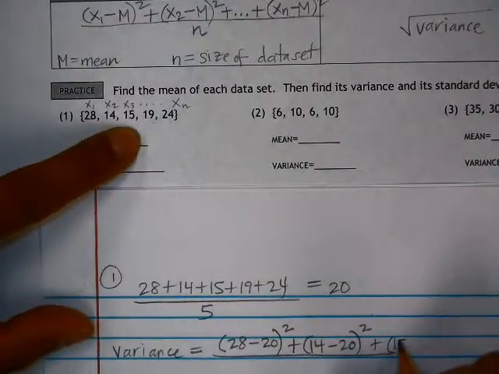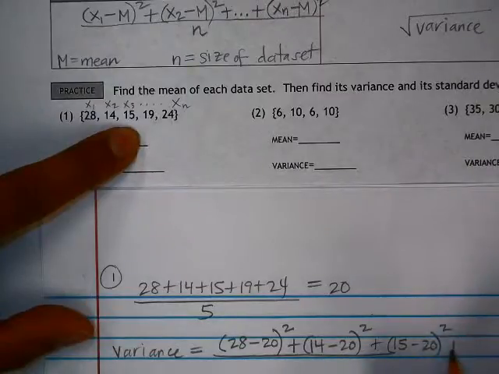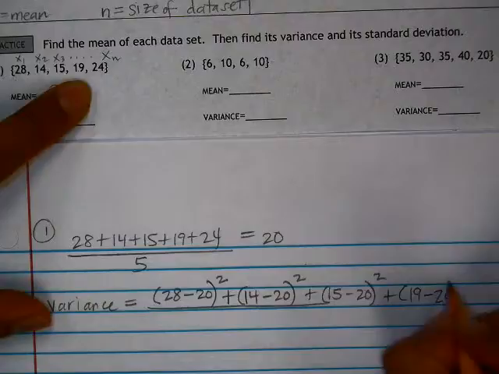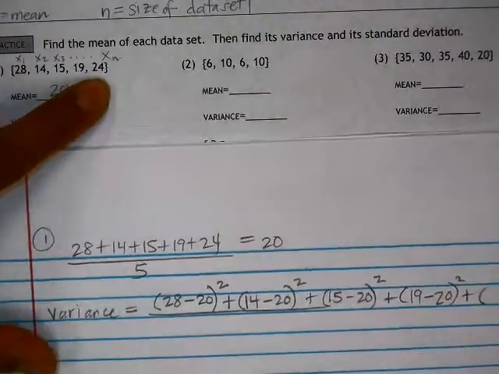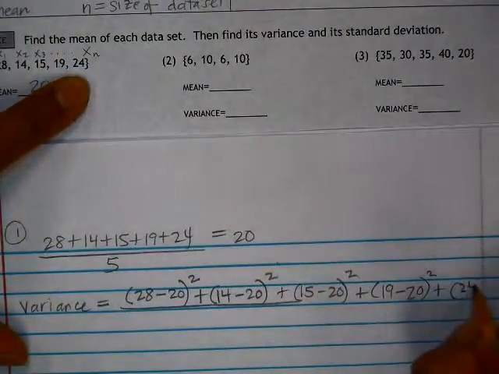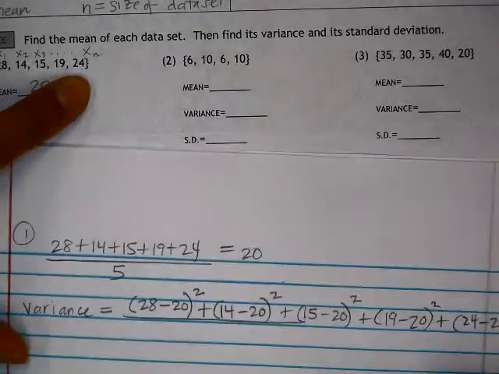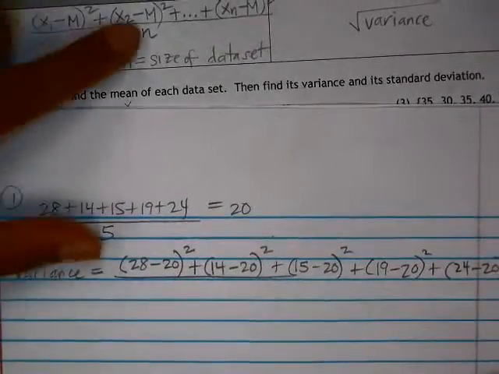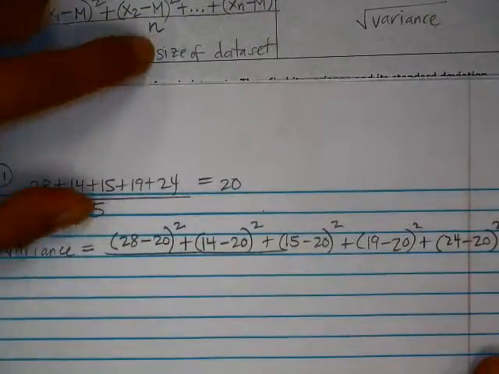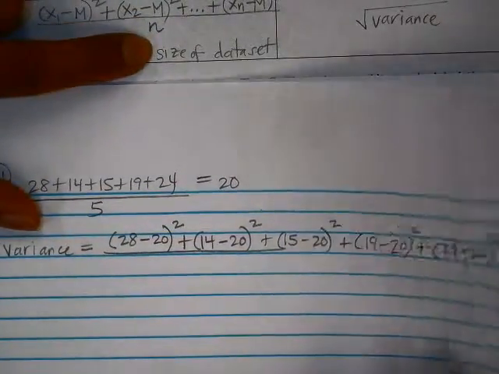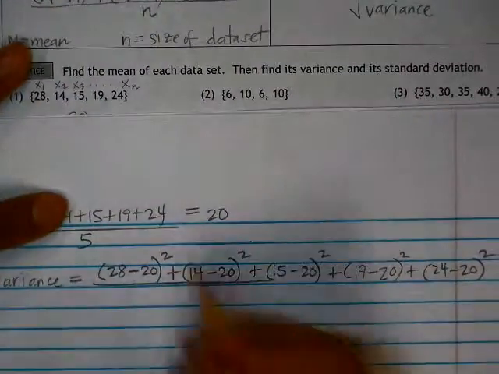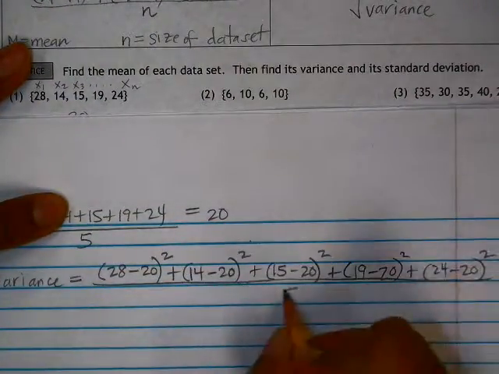Plus, take 15 minus 20 squared, plus 19 minus 20 squared, plus the last term is 24, and squared. The denominator is the size of the data set. In this case, we have 1, 2, 3, 4, 5 pieces of data in our set, so we'll divide by 5.